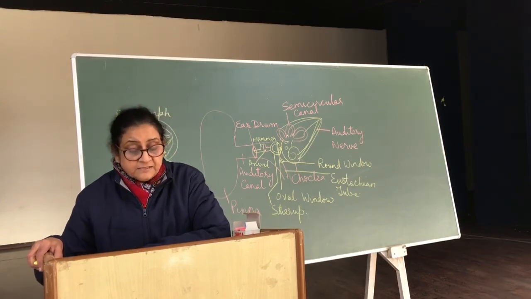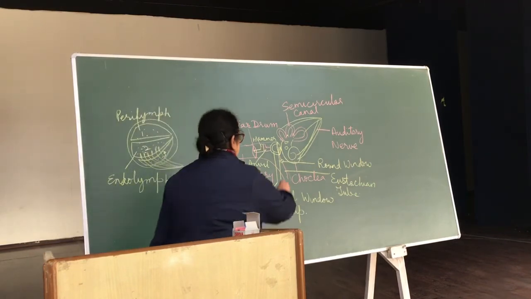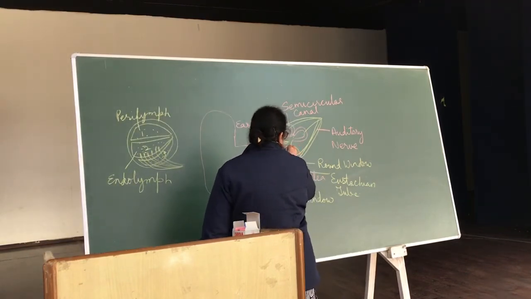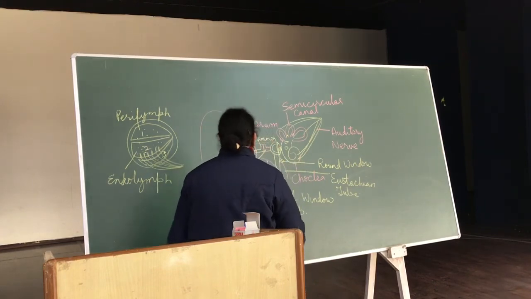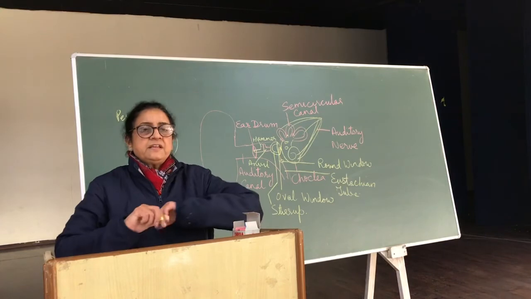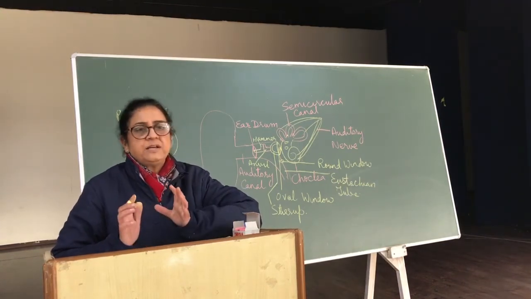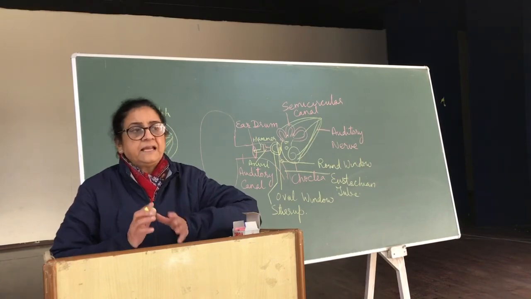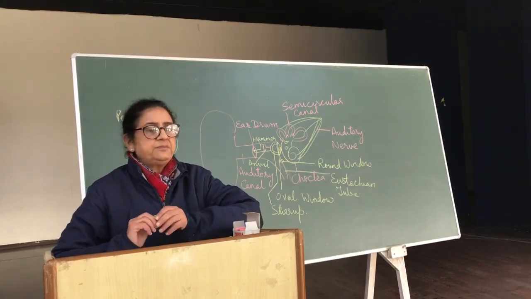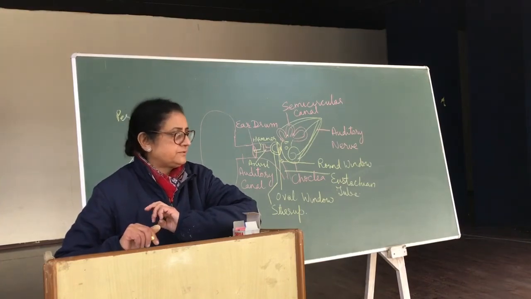So the upper one is the utriculus, this one is the sacculus. These 2 also have sensory cells, and these sensory cells are responsible for static balance of your body. When you are in a state of rest, at that time the balance is maintained by the utriculus and sacculus. Okay?